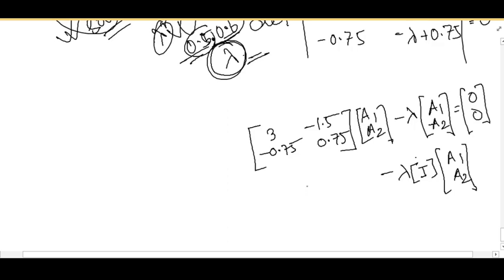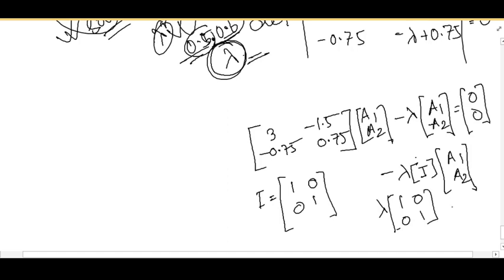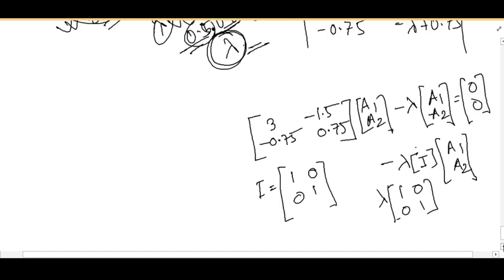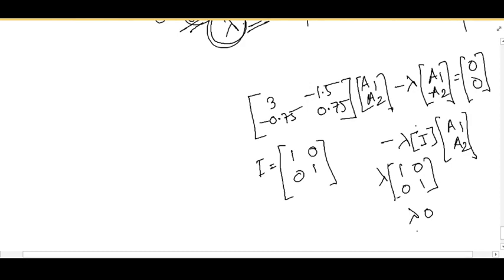Why no change? What is an identity matrix? Identity matrix is 1, 0, 0, 1. So if you use this one, that will become lambda multiplied by 1, 0, 0, 1. So it will simply become, you see here, lambda 0, 0, lambda multiplied by A1, A2.